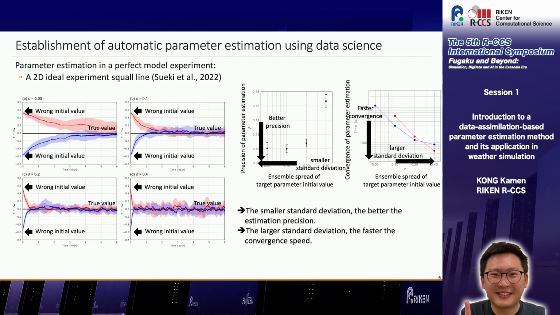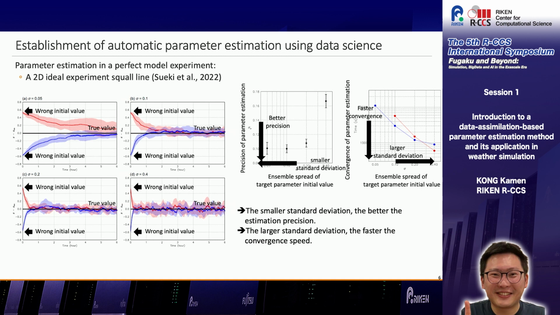First, we assume the true value is the default value of the CL, and then at the beginning we randomize the initial value in the wrong region with different standard deviations.